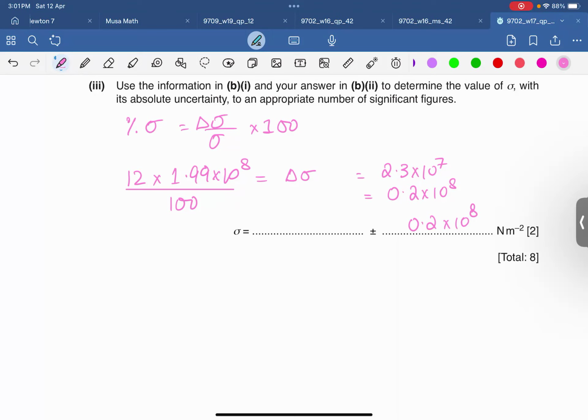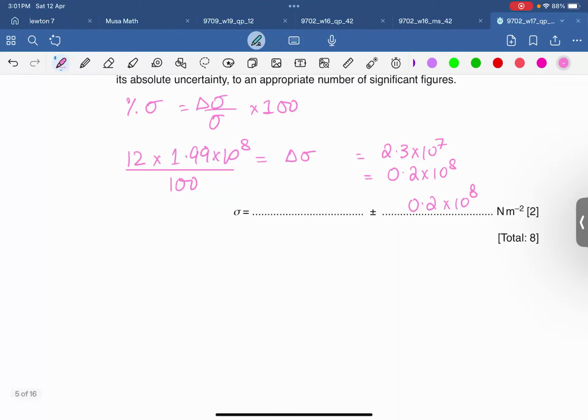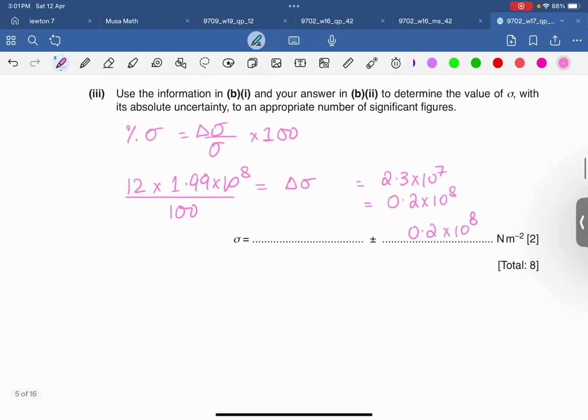You wrote the incorrect value, right. Now बच्चों देखो, तुम्हें जो है ना, first you have to write the absolute uncertainty in 1SF. This is the first thing, right? Now you have to count the number of decimal places it contains. So it contains only one decimal place, right? So your stress should also have the same number of decimal places as well as the same power of 10.